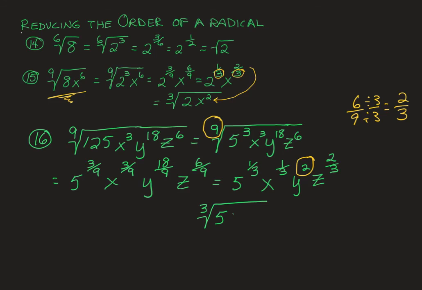X to the 1/3 becomes the cube root of x. Z to the 2/3 becomes the cube root of z squared, because that 2 in the numerator comes down under the radicand. But then we have that y squared. It's not under the cube root. It can stand alone outside here. And that's the final answer.